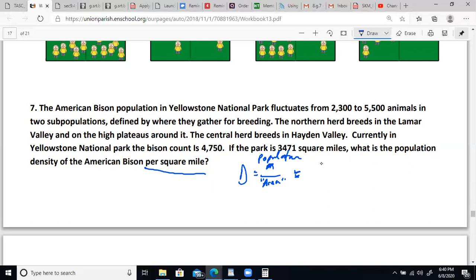All right, so all you have to do is make sure these numbers are in the right order. If they say per square mile, we know that the square mile part is going to go on the bottom. So 3,471, and the top is going to have how many bison there are. That's the population of the bison. Okay, so there we go.